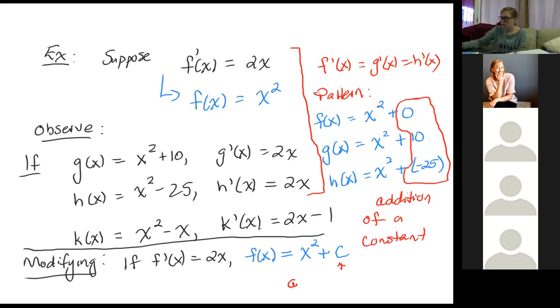I'll just call it an arbitrary constant. But I do know that the function that this derivative came from had this specific form. Questions on that? Okay.